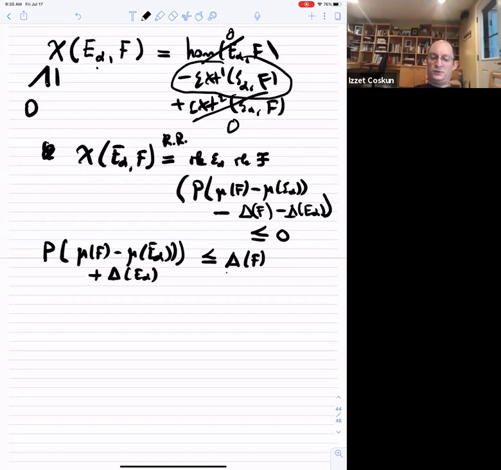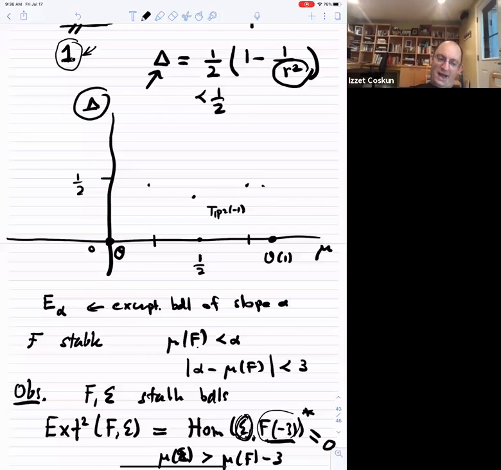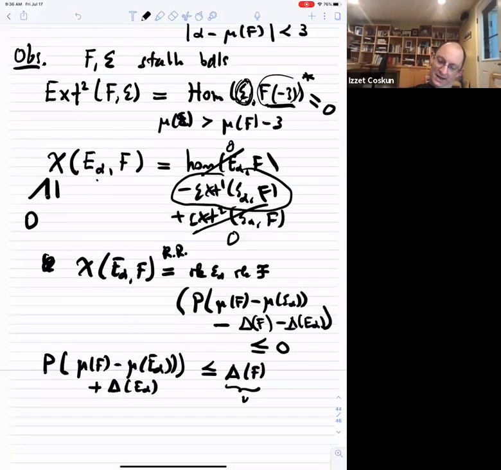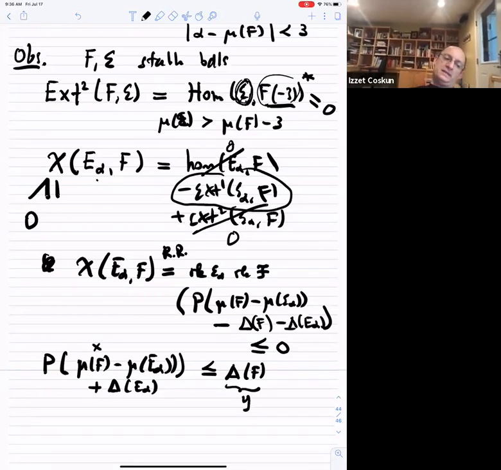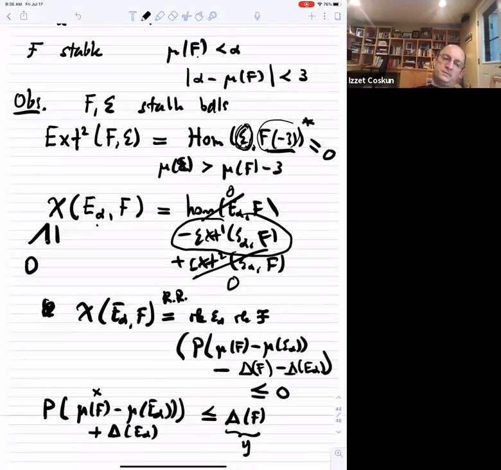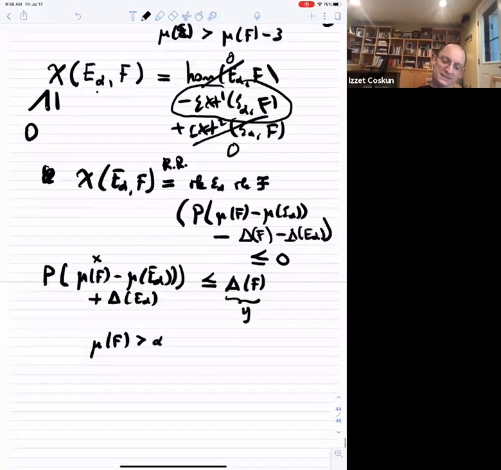Okay, so you see that you get a quadratic inequality. This is our y-axis, and here is our x, right? So I get some sort of quadratic inequality. There is a similar thing you can do if I had assumed that the slope of f was bigger than alpha. I'd assumed that it was less than alpha, right?